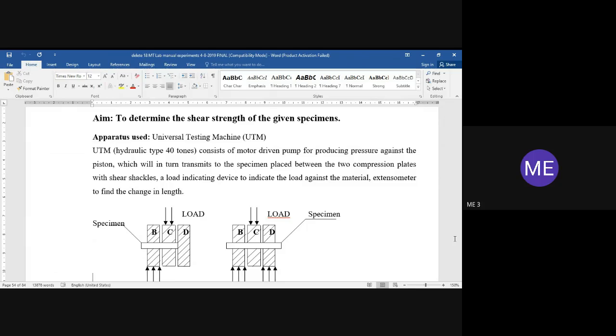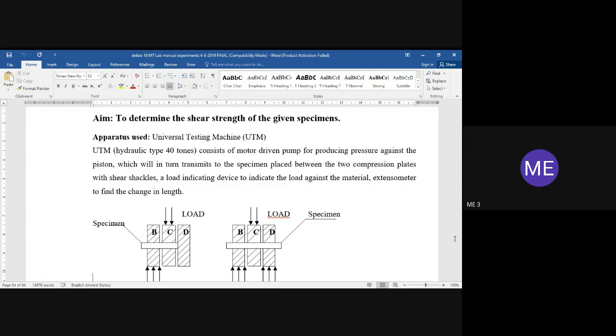An example for shearing force is, suppose we want to cut a book. If you pull the book, it will not cut. If you apply any compression load, even tons of load, it will not break. Only if you tear it will it break, or by using a small pair of scissors we can cut the book.